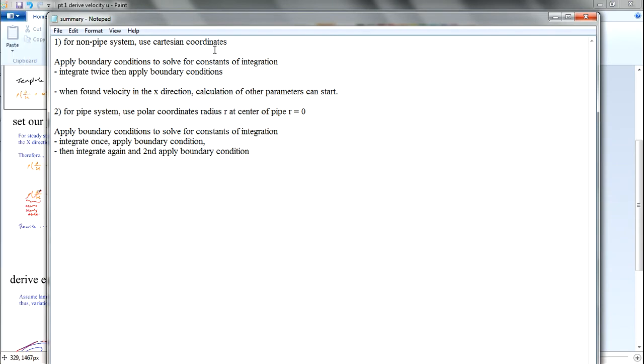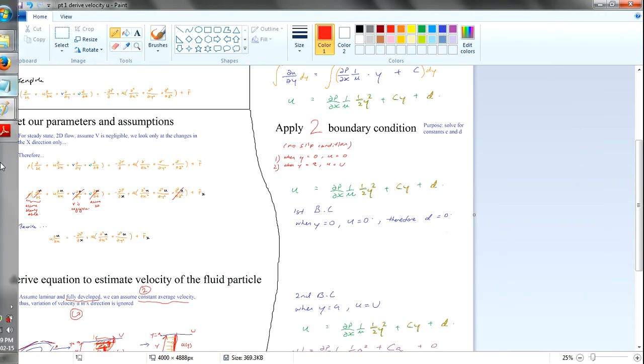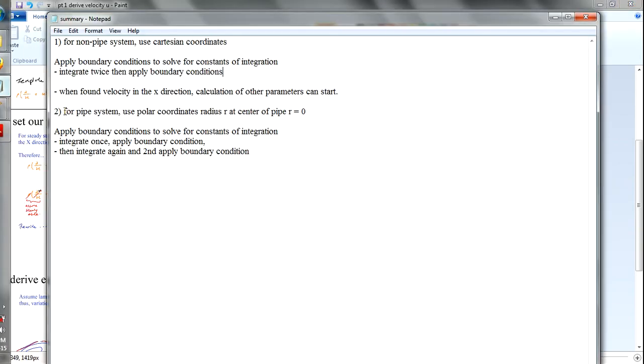So let's recap again. For a non-pipe system, you integrate twice and then you apply boundary conditions. This is what we did just now. However, in later videos for the pipe system, you integrate once and then apply a boundary condition, and then you integrate again and apply the second boundary condition.